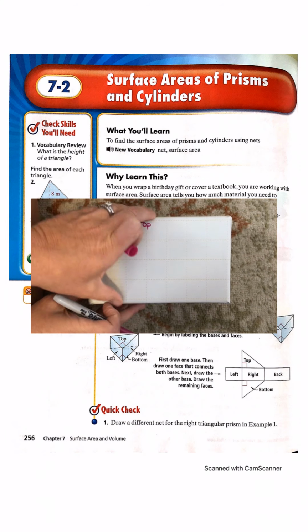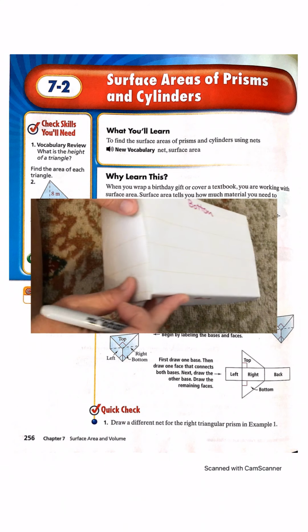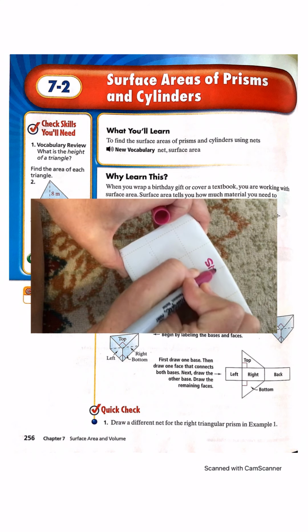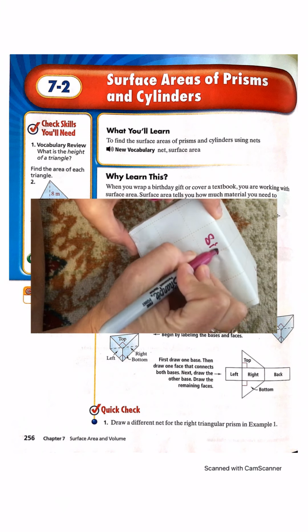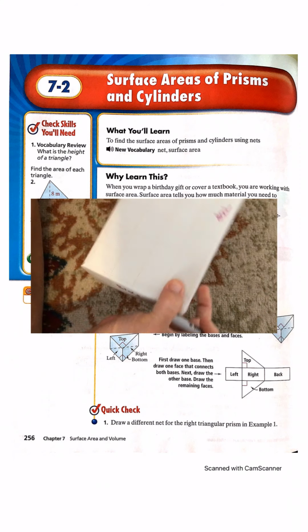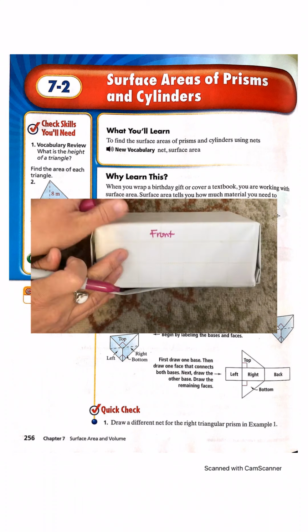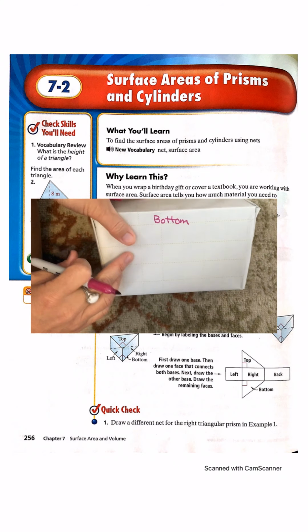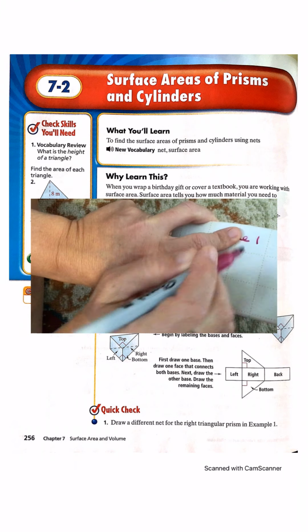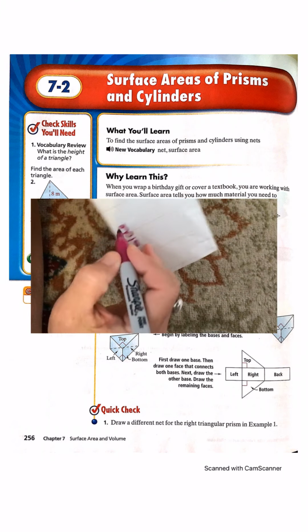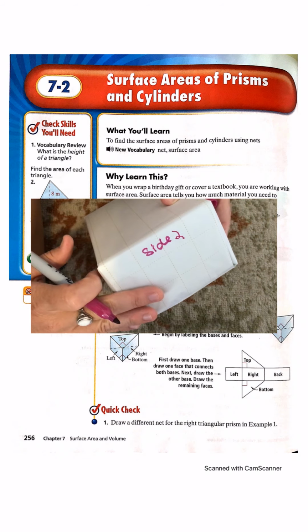So that's the top, front, bottom, back. Then we have one side and two sides. So if we add all those together, right? Top 1, front 2, bottom 3, back 4, side 1, 5, side 2, 6. So 6 sides have to be covered.